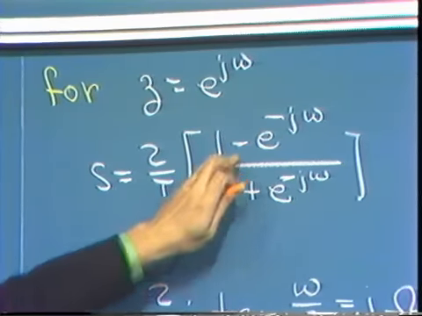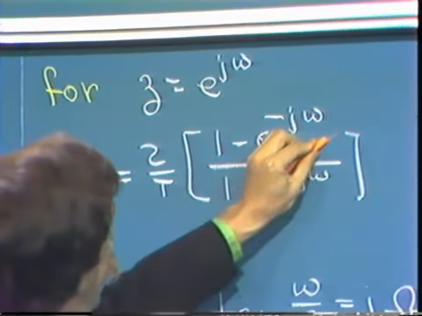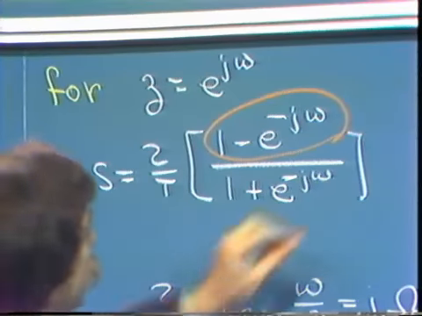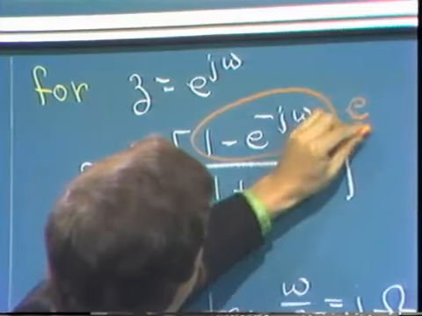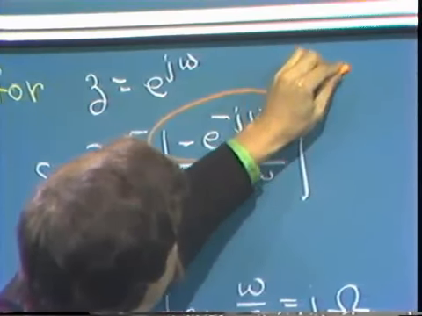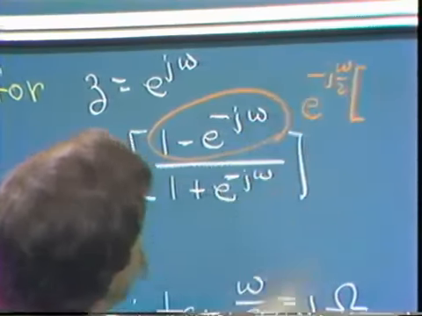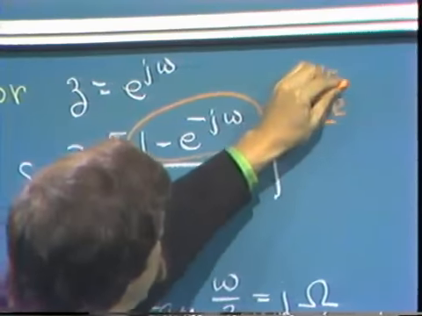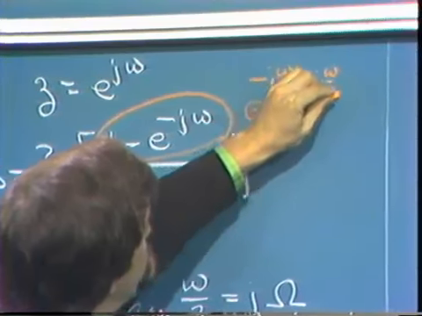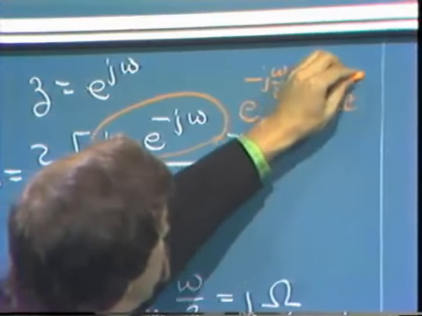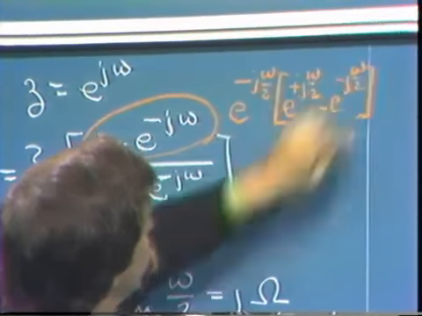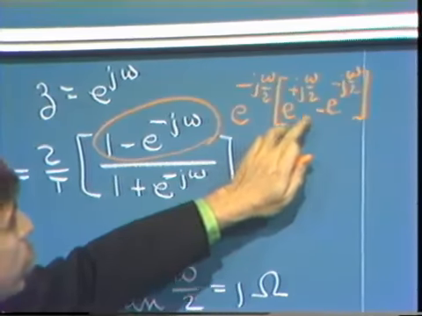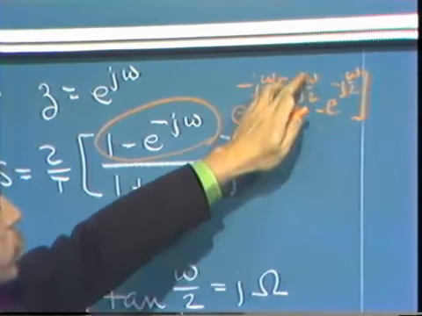And now we can change this term and likewise the denominator term by factoring out e to the minus j omega over 2. And then this numerator term becomes e to the plus j omega over 2 minus e to the minus j omega over 2. And we recognize this numerator then as 2j times sine omega over 2.